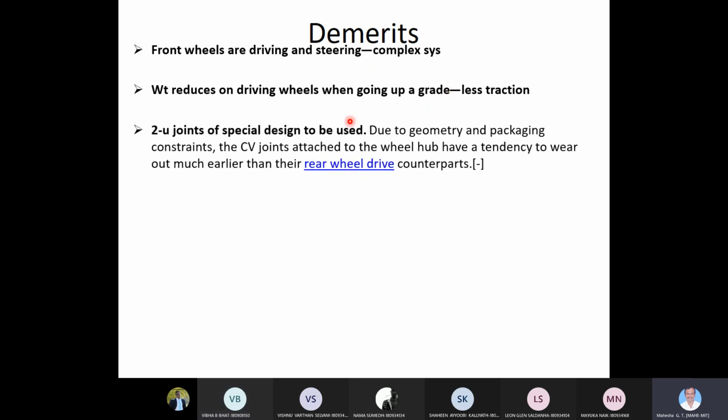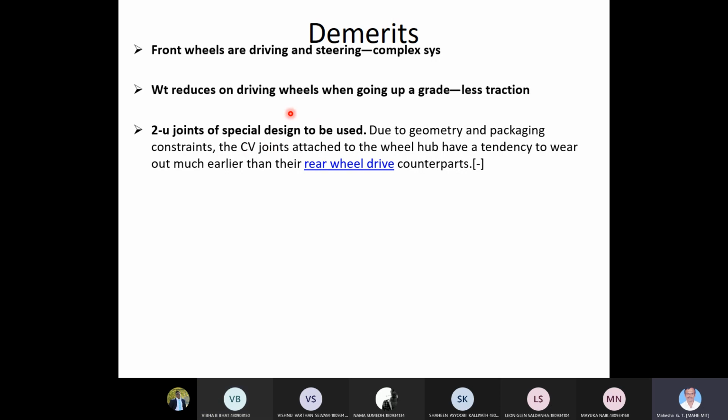More U joints will be required, and a special design has to be used. Rear wheel drive may be simpler. In the other layout, only one or two joints would be enough, sometimes even one is good enough, for the flexing action while drive is transmitted on an irregular road surface.